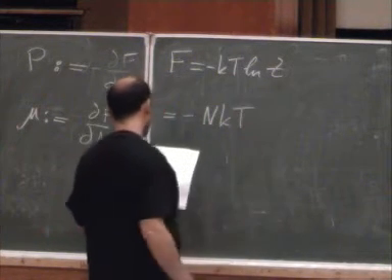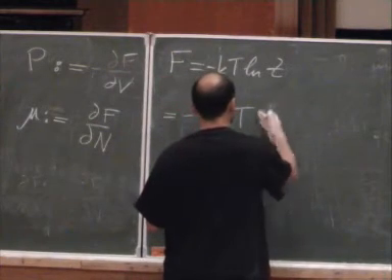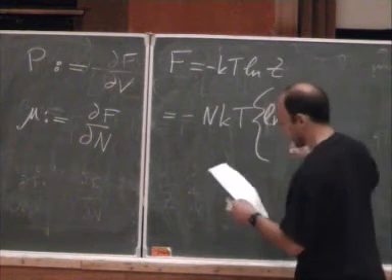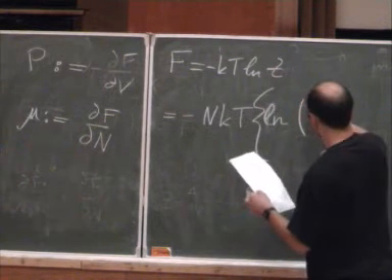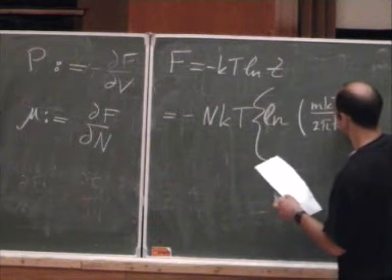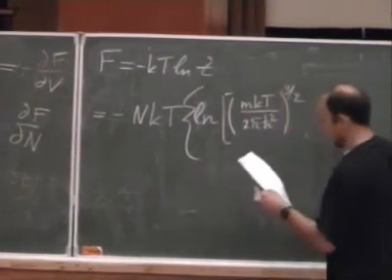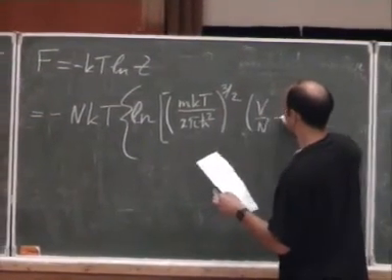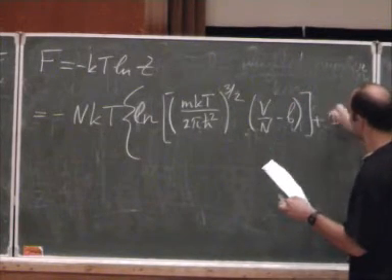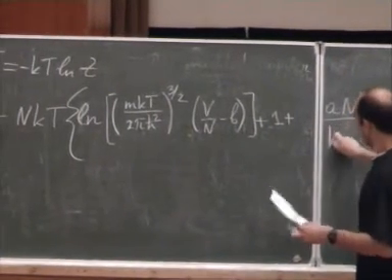I have two forms of the answer, so I'll write down both. m kT over 2 pi h squared to the power 3/2, V over n minus b, plus 1, plus an over kTV.